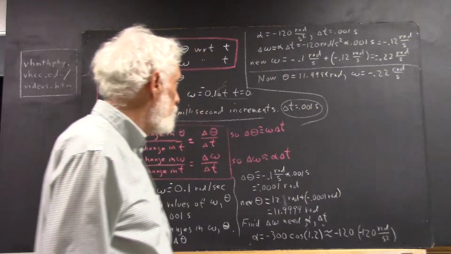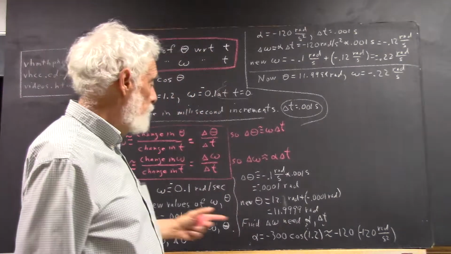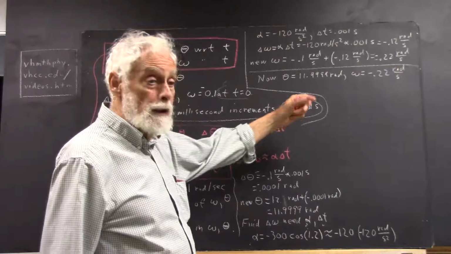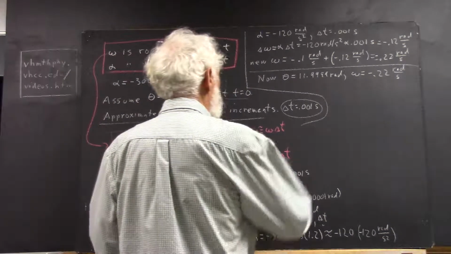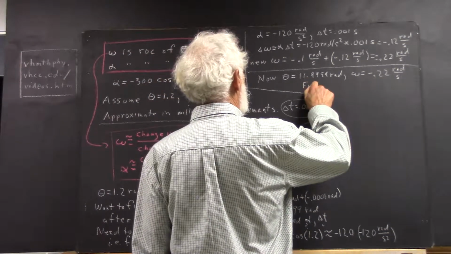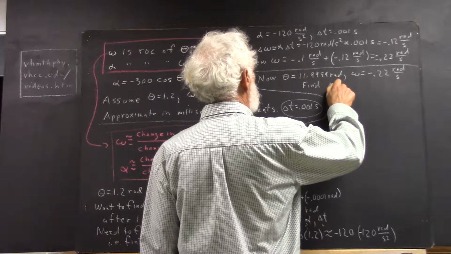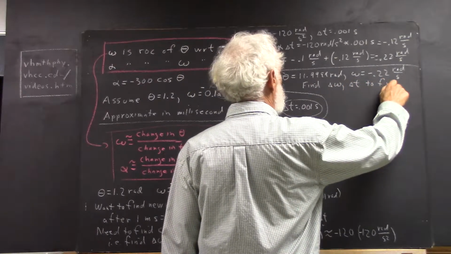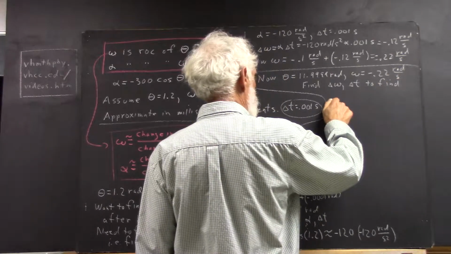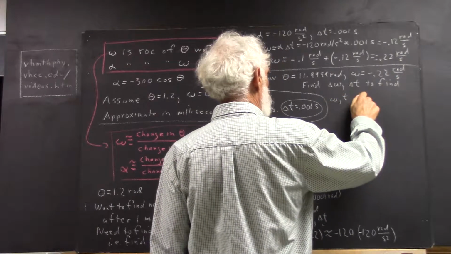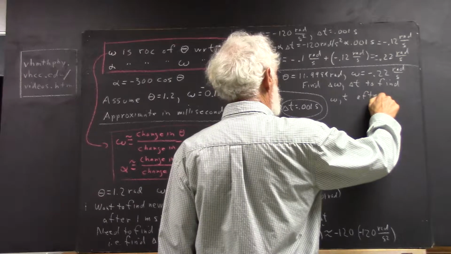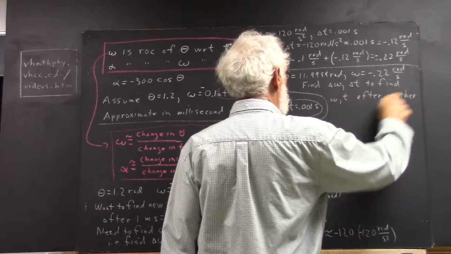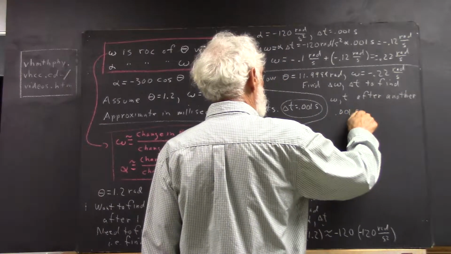Well, next, we just do exactly the same thing we did here. We calculate our delta omega and delta t, and find omega and theta after another millisecond, or another 0.001 seconds.